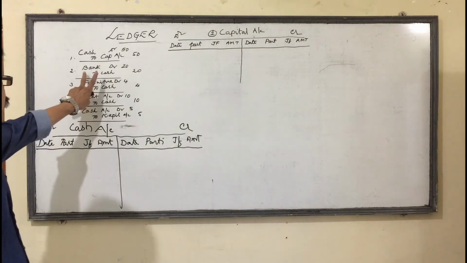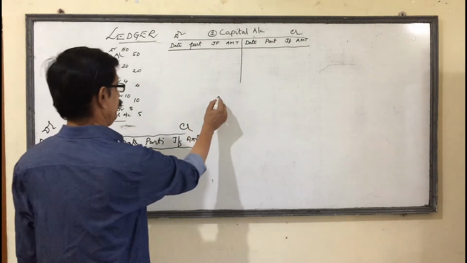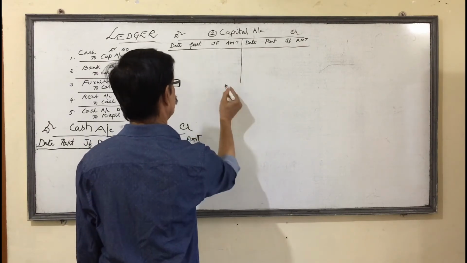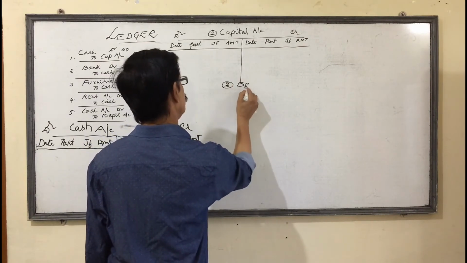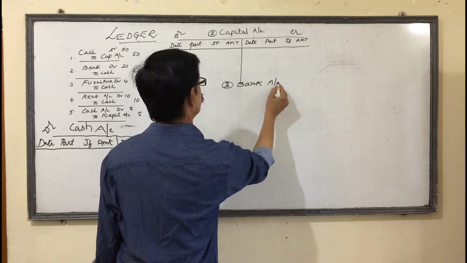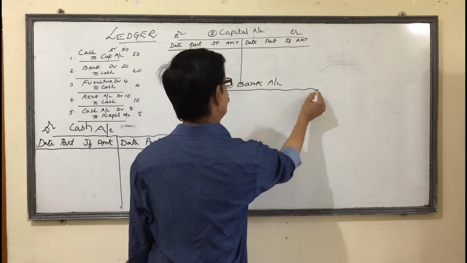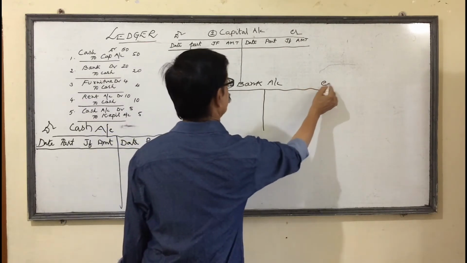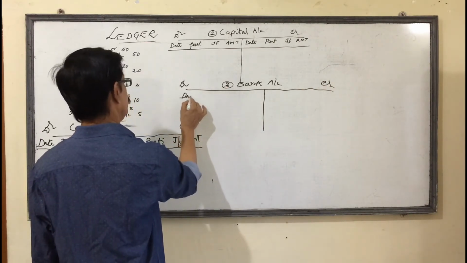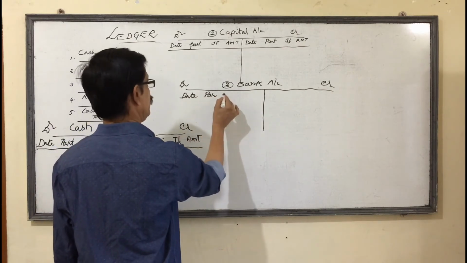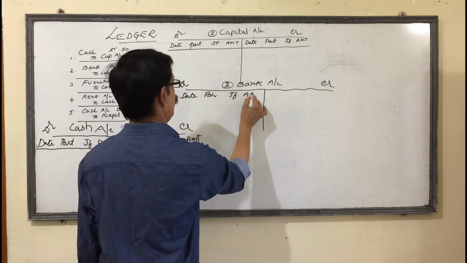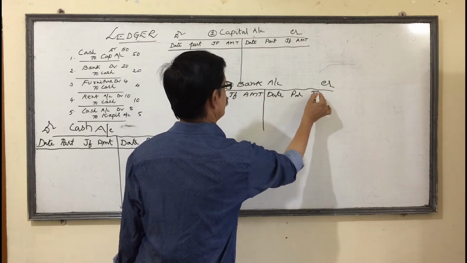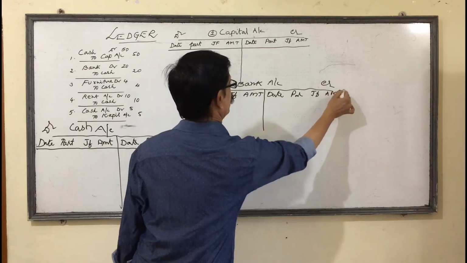Now, third one is bank account. Again T shape. Date, particulars, JF and amount.